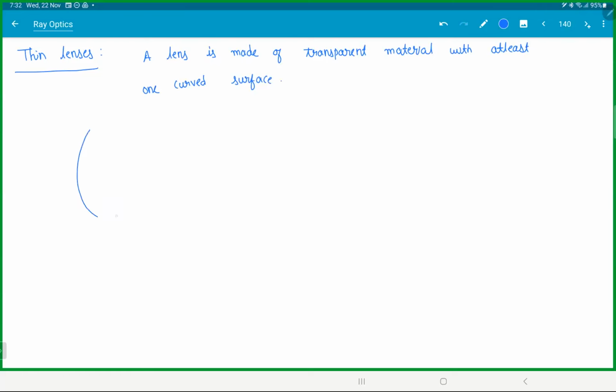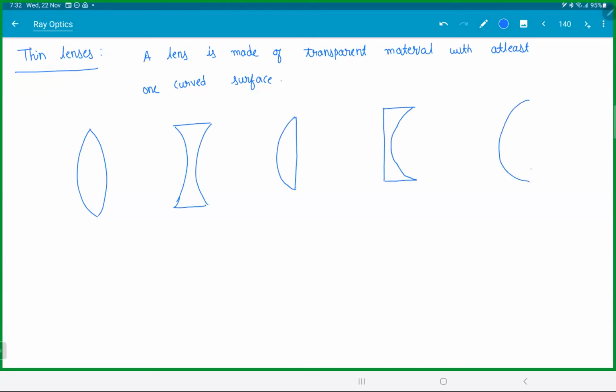So when you take lenses, this is your principal axis.